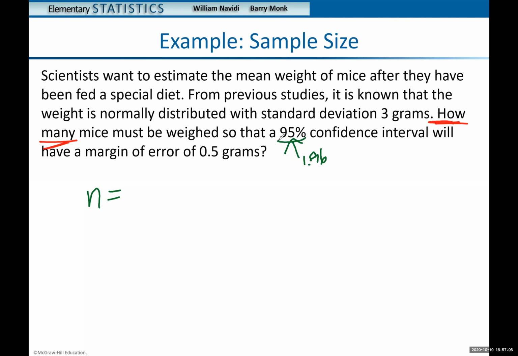This is one thing that you should memorize, 90 and 95%. So 95% is 1.96 times the standard deviation 3 over the margin of error 0.5 and then square it. Let's try that.